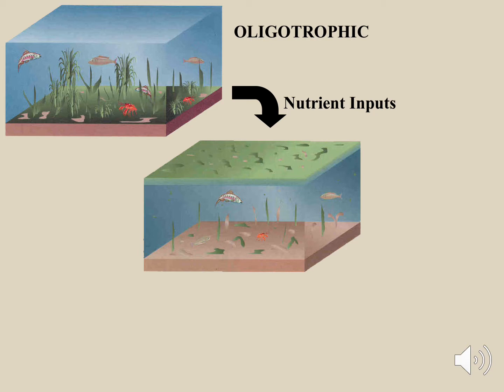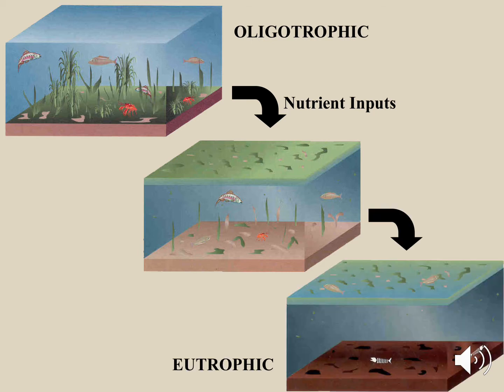So we start to see the aquatic organisms start to decline. And if we keep this up, keep putting nutrients in the system, we can end up with eutrophic conditions where we basically have a system that's almost biologically dead. I mean, there's still organisms in there, but they don't have the types of organisms that a healthy water body should have.